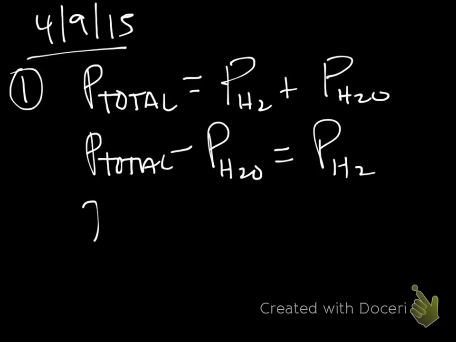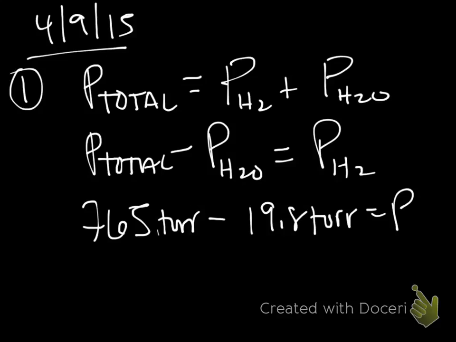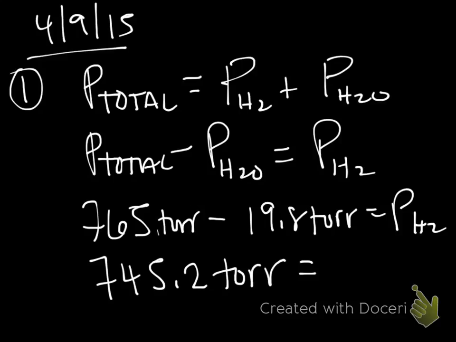This is the barometer reading from the lab, 765 torr, and that water pressure is a lookup. So at 22 degrees, the partial vapor pressure of water is 19.8 torr. So we get a raw answer of 745.2 torr for the pressure of the hydrogen.